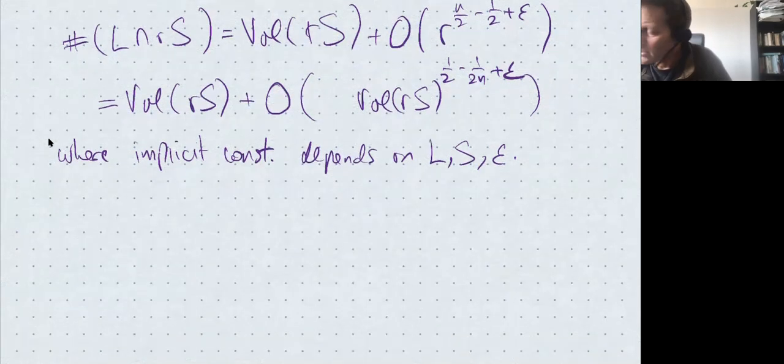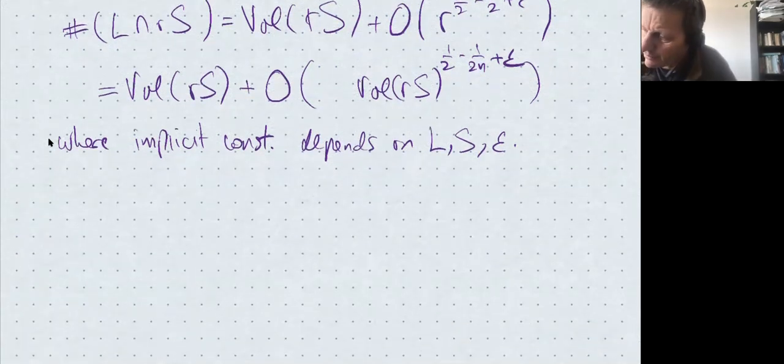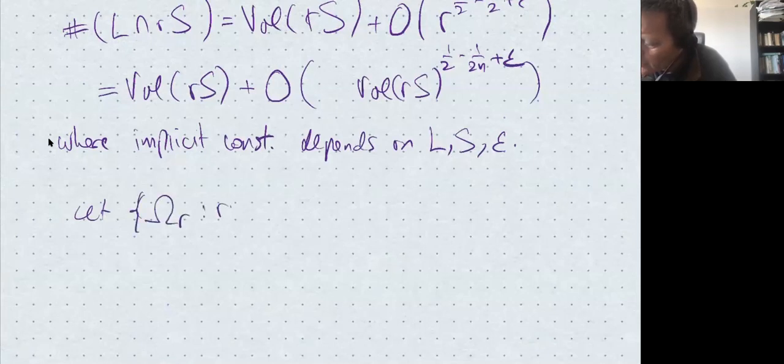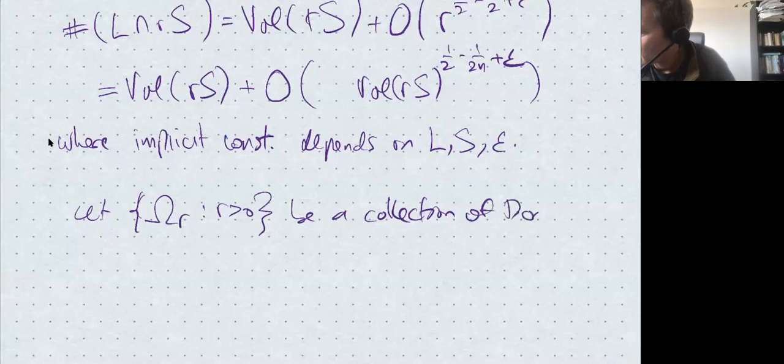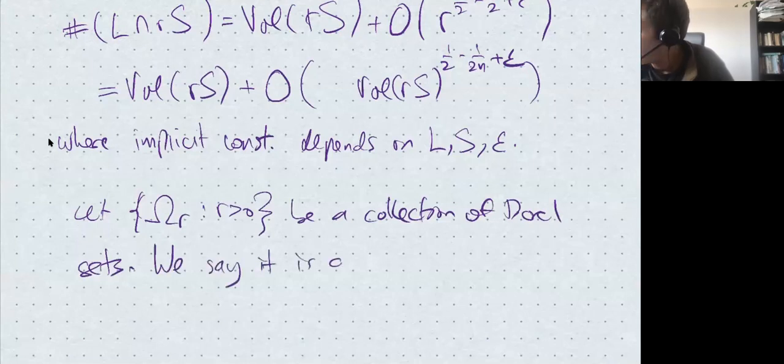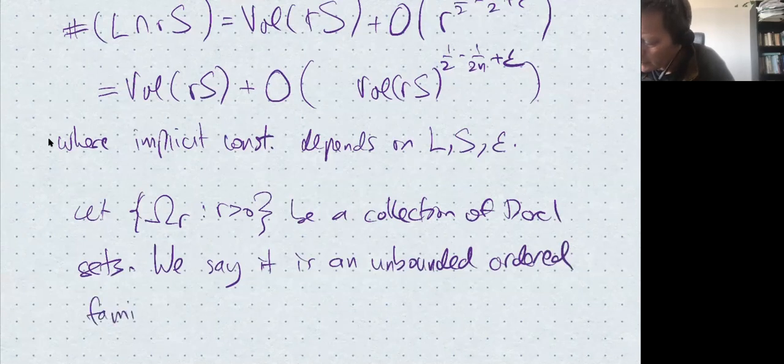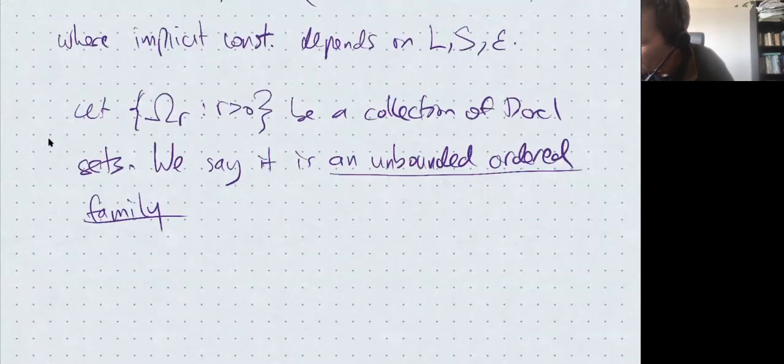So let me make some definitions. Our sets are going to be called omega. So omega R, for R positive, is a collection of Borel sets. We're going to call it an unbounded ordered family if it satisfies the following conditions.